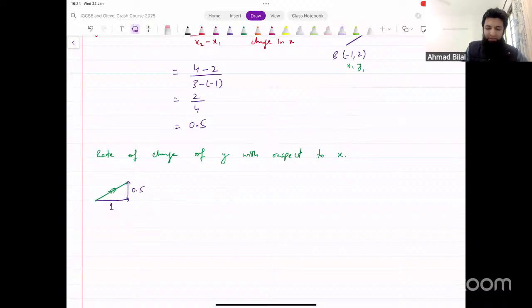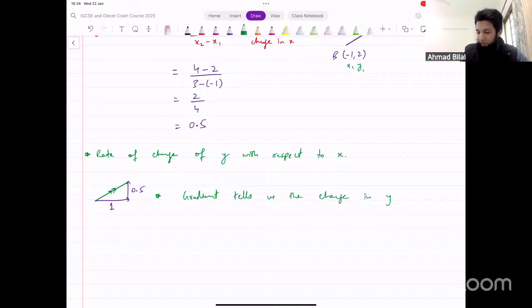That this line looks like this. Let me write that down as well. The understanding of gradient is that it tells us the change in y if x increases by 1 unit.